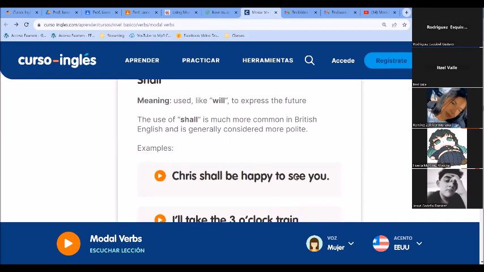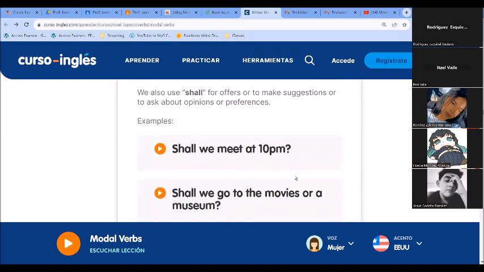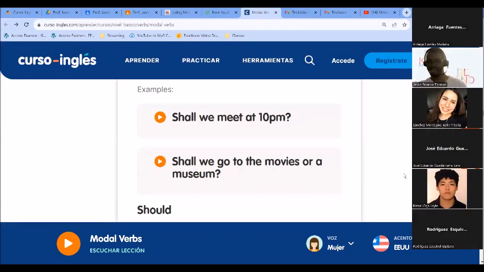You might see it written, but you won't hear it spoken so much. So questions like, shall we meet at 10 p.m.? Shall we go to the movies or a museum? That is something you'd probably hear 200 years ago. Not so much anymore.